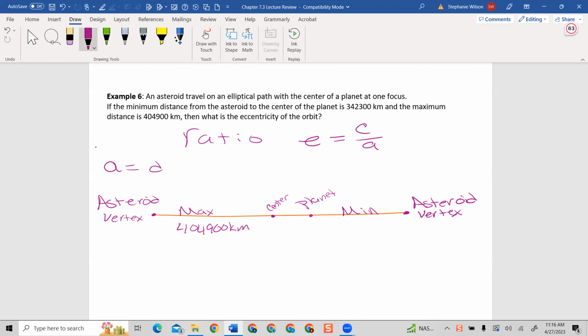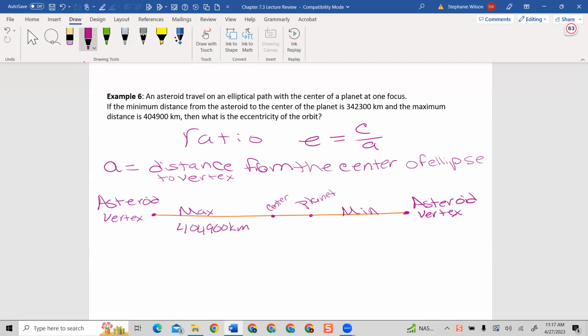A is going to be the distance from the center of the ellipse to the vertex.